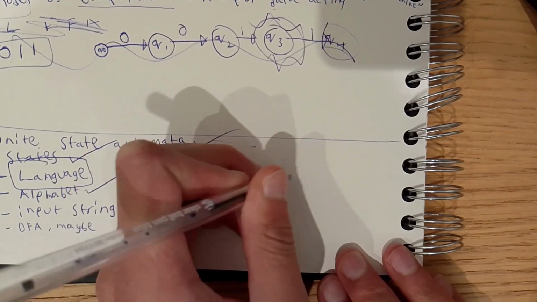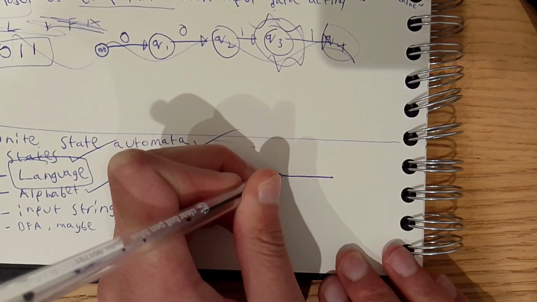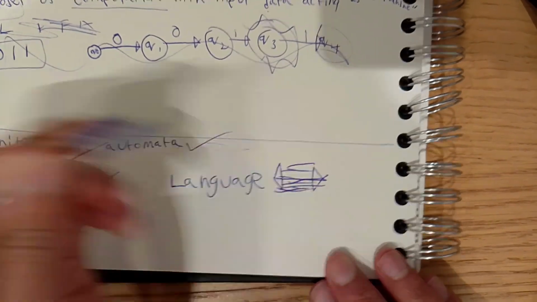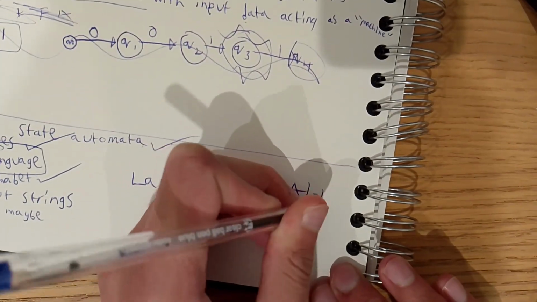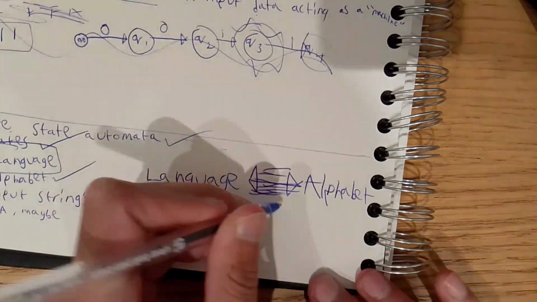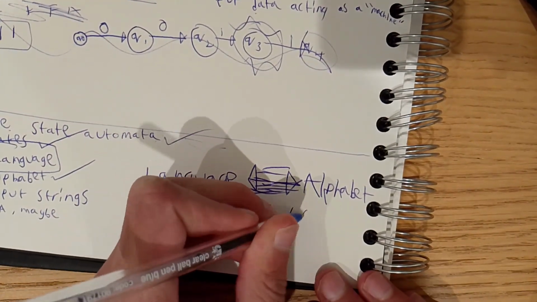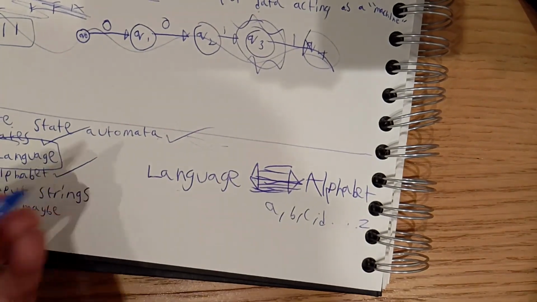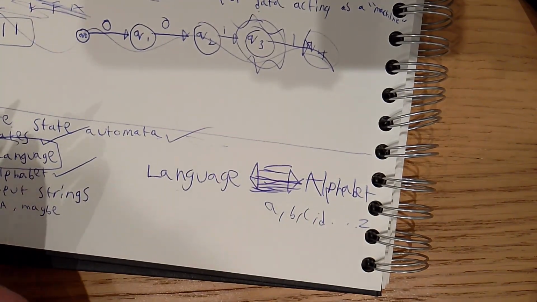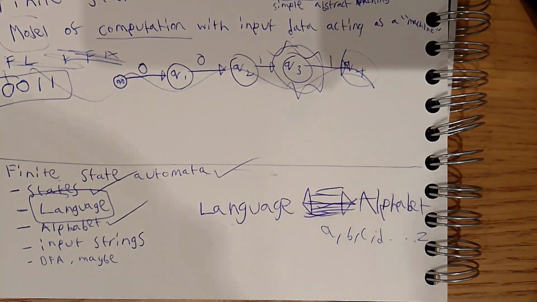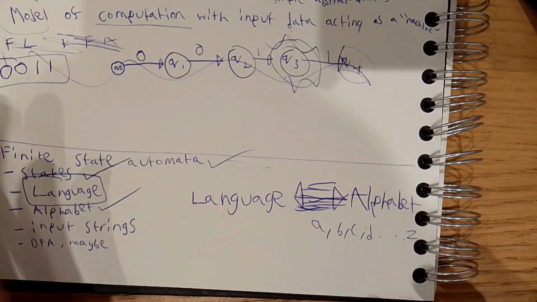They are directly related. In English, the alphabet is A, B, C, D, all the way to Z. Language is the words that are approved in the English language, the Oxford Dictionary. You can name it all.